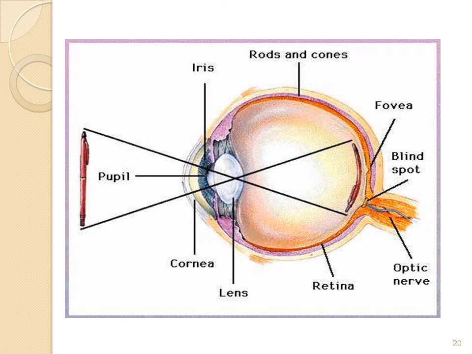In this picture you can see the iris, the pupil, the rods and cones, and the structure of the eye: lens, cornea, retina, optic nerve, and blind spot. The figure shows the structure of the eye with the rods and cones.